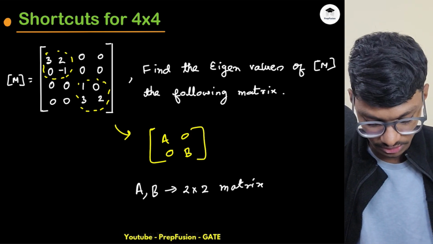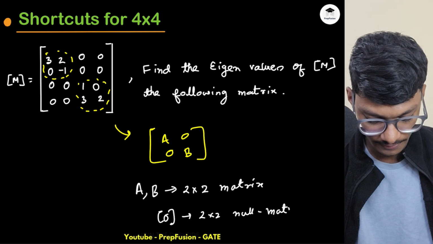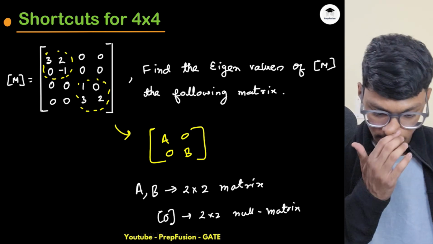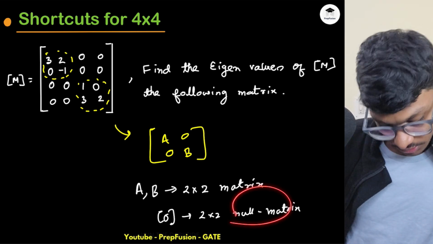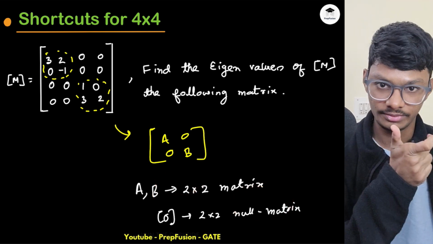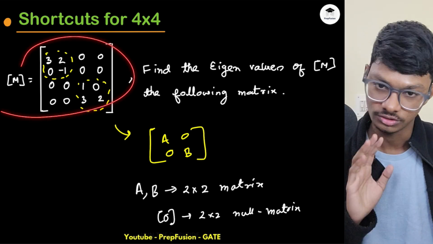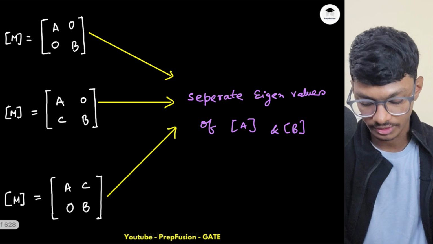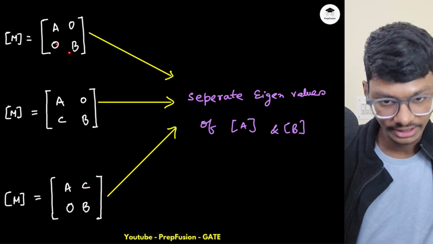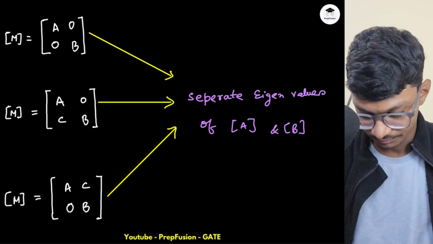It's not a simple 0, it is a 2 cross 2 null matrix. Okay, so these are null matrices. So whatever the eigenvalues of A and B are will be the eigenvalues of the overall 4 cross 4 matrix M. So here I have written it down.